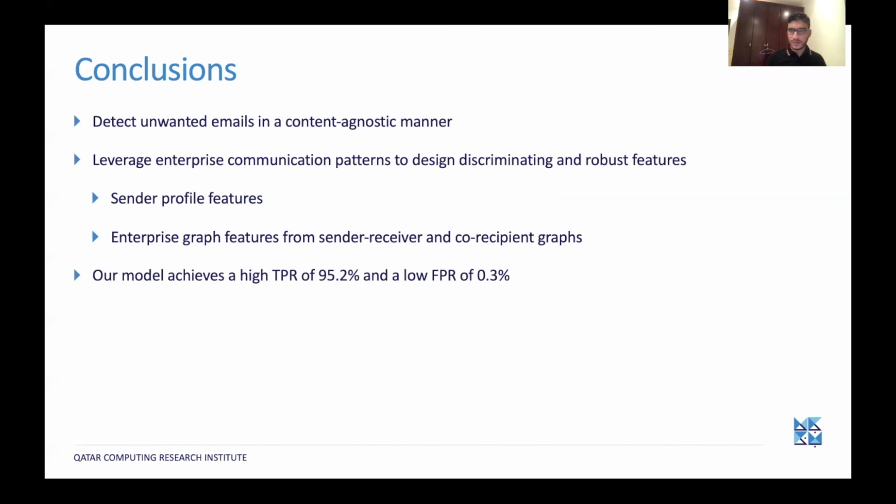These features include sender profile features and enterprise graph features from two key graphs we built, namely the sender receiver graph and the co-recipient graph. Overall, our approach achieves a high true positive rate of 95.2% and a low false positive rate of 0.3%.